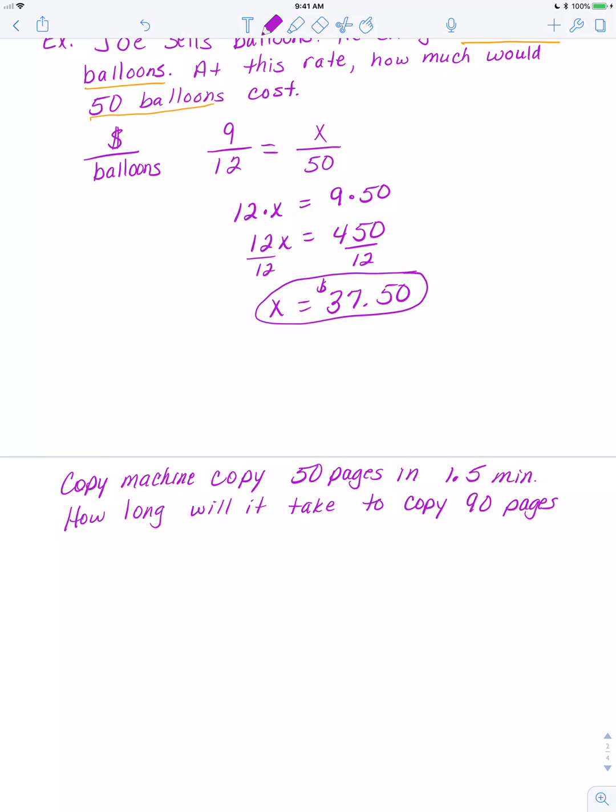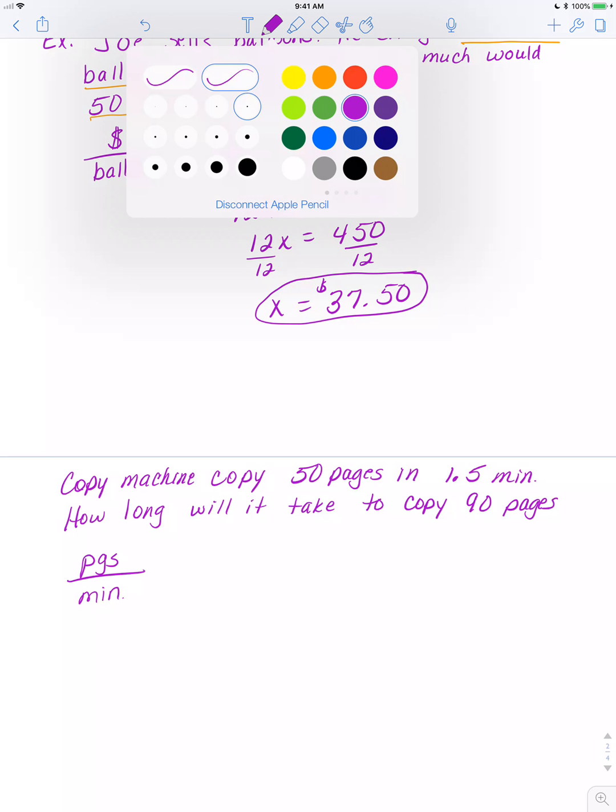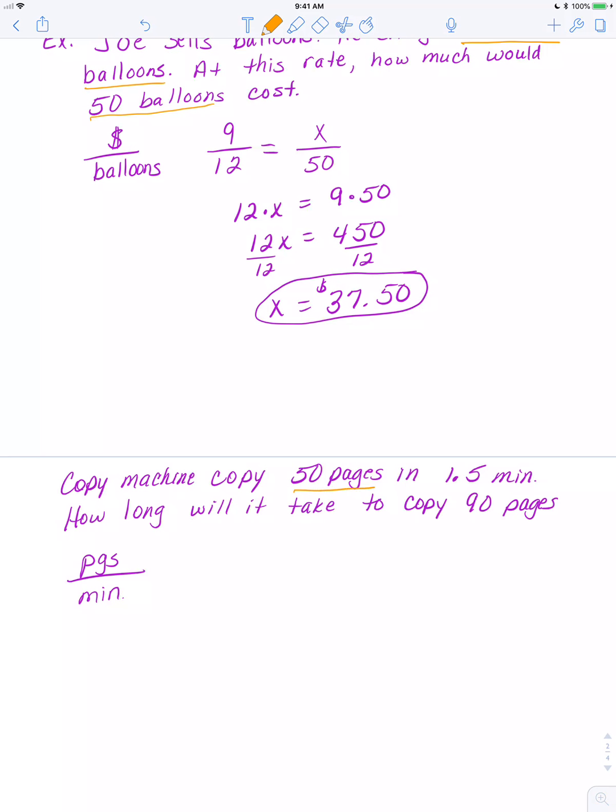So again, let's make sure that we're going to set it up correctly. So let's say pages on top, minutes on the bottom. So in the first sentence, we have 50 pages for 1.5 minutes. So pages is on top, minutes are on the bottom. I'm going to set that proportion up, but this time we're given the pages.